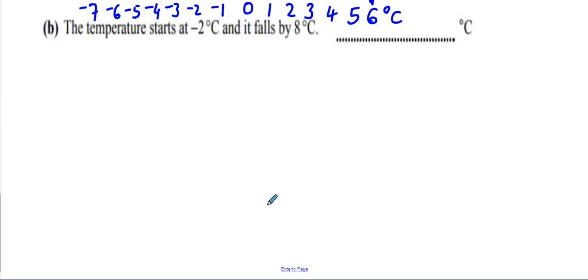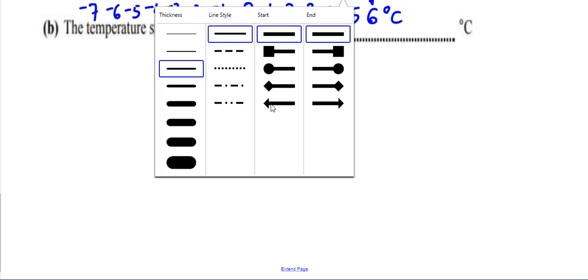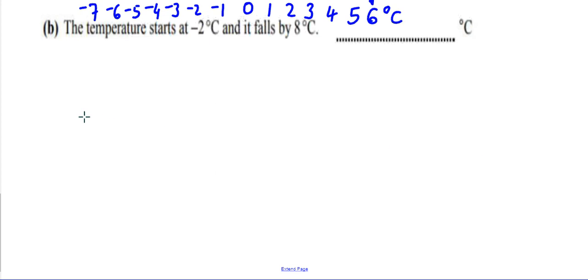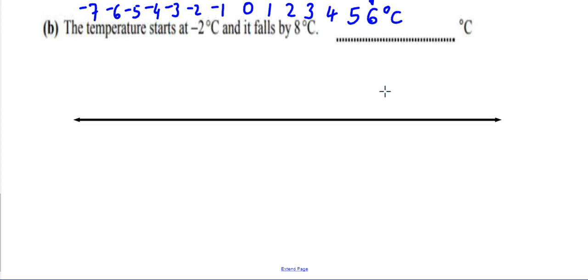The next question says the temperature starts at -2 degrees and it falls by. See, the temperature is falling. So let us try to make a number line. Make a number line over here.